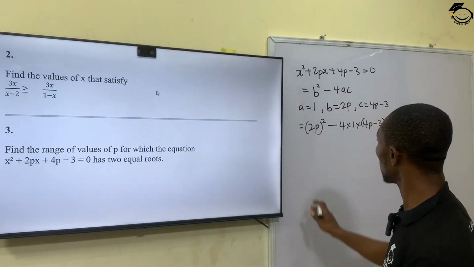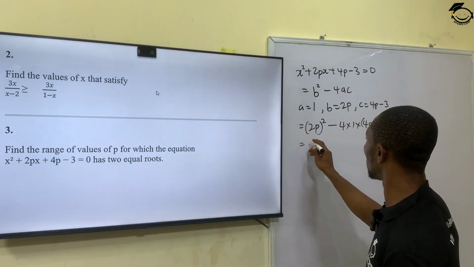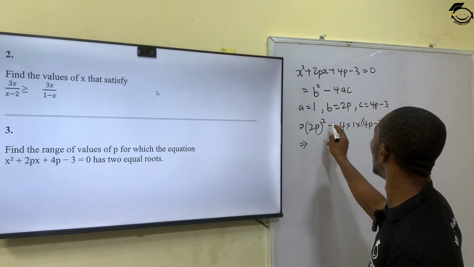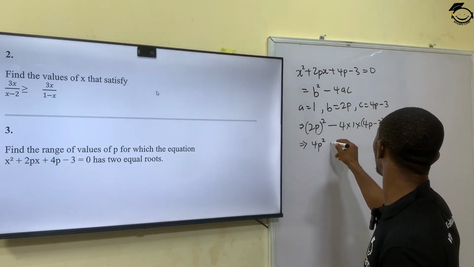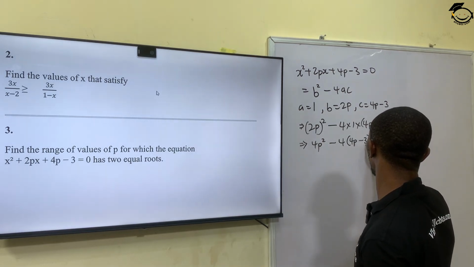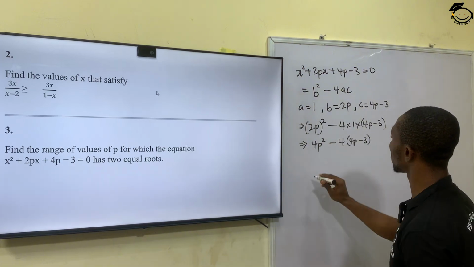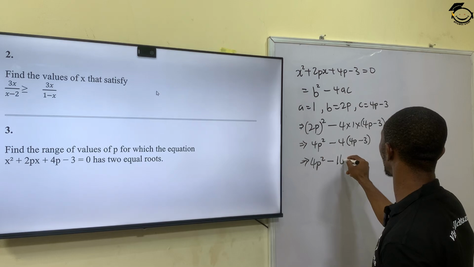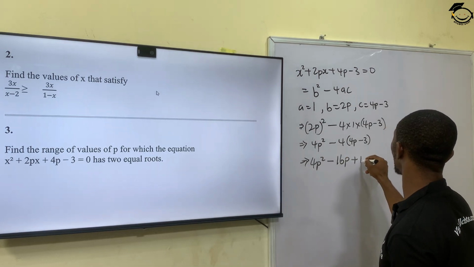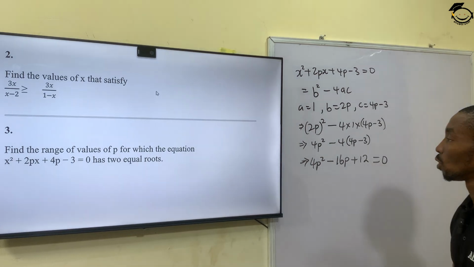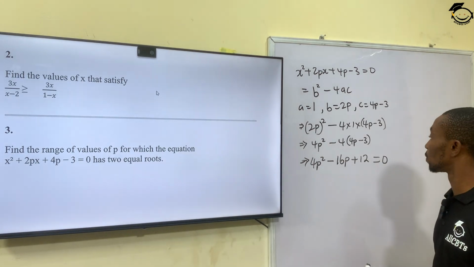Opening up our brackets, this will give us 4p squared minus 4 bracket 4p minus 3. Expanding this, we will be having 4p squared minus 16p plus 12 equals 0. Now, this gives us a quadratic equation.